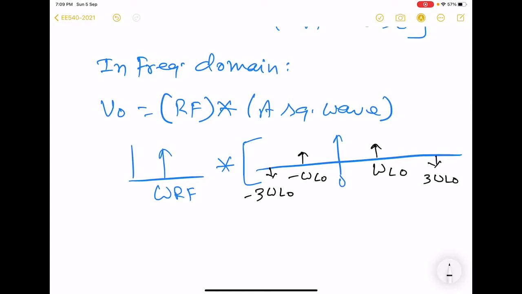So here we see that what we are actually interested in, that means VIF, is convolution of this RF with this LO and with this minus LO. So this is what we get as the up converted and down converted signal.